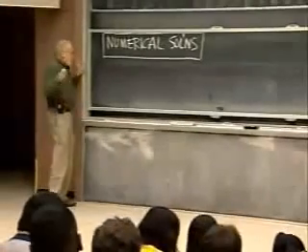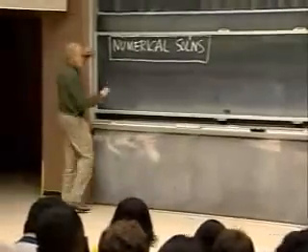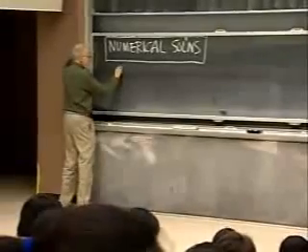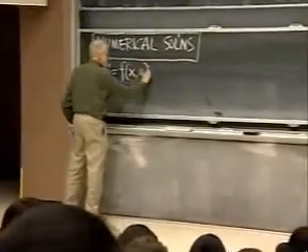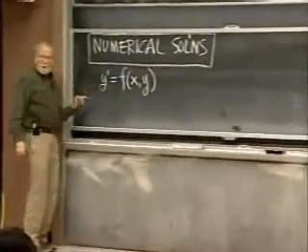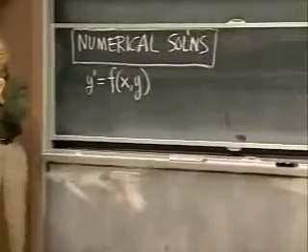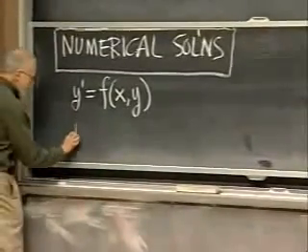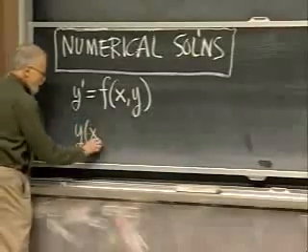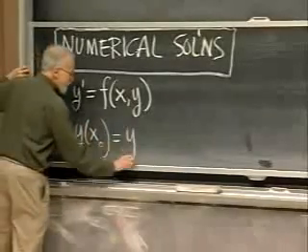Now, the problem is an initial value problem. Let's write a first order problem the way we talked about it on Wednesday. And now I'll specifically add to that the starting point that you used when you did the computer experiments. I'll write the starting point this way: y of x0 should be y0.